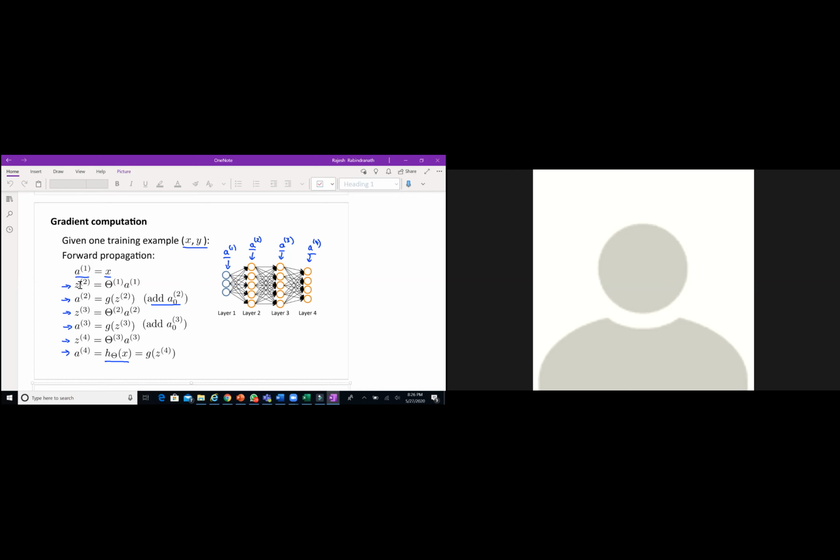So first you calculate Z2, which is theta 1 A1, or theta 1 x1 in the old notation, because x1 is nothing but A1. A2 is calculated by taking the sigmoid function of Z2. So g of Z2 is essentially A2. This is how you calculate A2. So the question is, is Z2 a vector, a scalar, or a matrix?